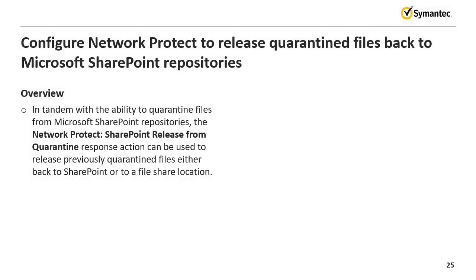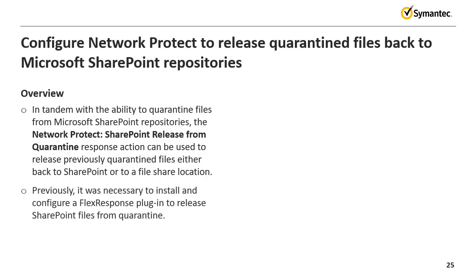In tandem with the ability to quarantine files from Microsoft SharePoint repositories, the Network Protect SharePoint Release from Quarantine response action can be used to release previously quarantined files back to SharePoint or to a file share location. In previous versions of Symantec DLP, it was necessary to install and configure a Flex Response plugin to release SharePoint files from quarantine.